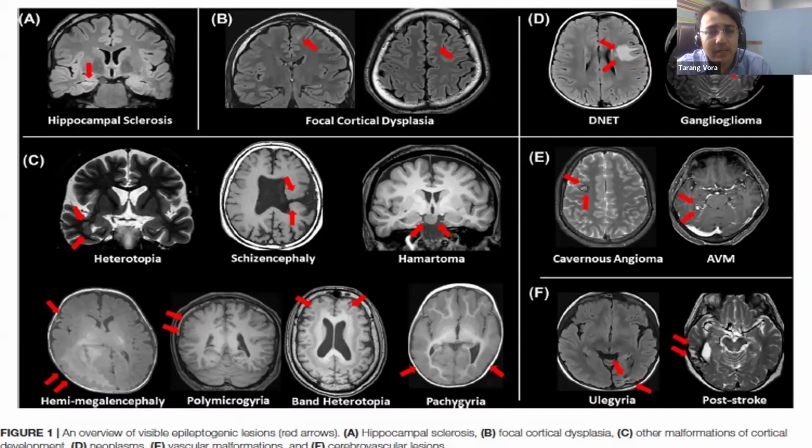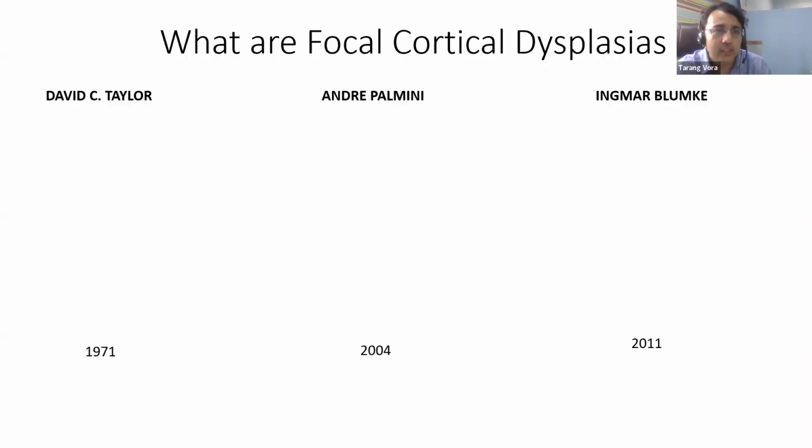So when we're looking at epilepsy surgery in general, we have a lot of things that we treat with epilepsy surgery. The most common is hippocampal sclerosis, followed by focal cortical dysplasias, heterotopias, schizencephalies, hamartomas, hemimegalencephalies, polymicrogyria, band heterotopia, and of course, the small benign tumors like DNET and gangliogliomas, AVMs, angiomas, and post-stroke patients or post-MCA infarct patients or ICA infarct patients who have some gliosis in the brain, in which the surrounding cells are getting hyperexcited and causing a seizure.